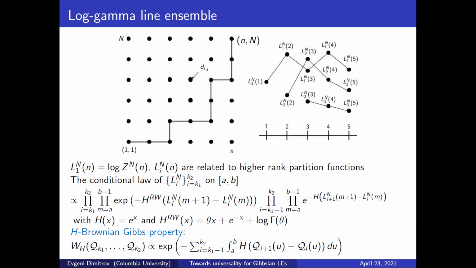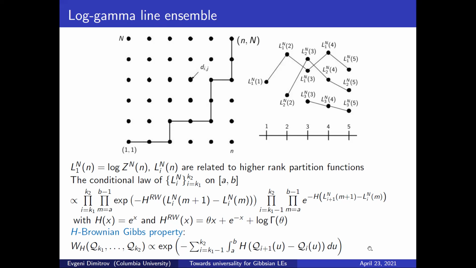So the jumps of these random walkers are log gamma distributed. And the second term is basically encoding a local interaction between consecutively labeled curves that is very similar to what we had for the KPZ line ensemble. In particular, the interaction Hamiltonian here is again going to be an exponential, like it was for the KPZ line ensemble. And again, the interaction is only for adjacent curves and locally in space. There's a kind of discrete shifting by one, which you should ignore.